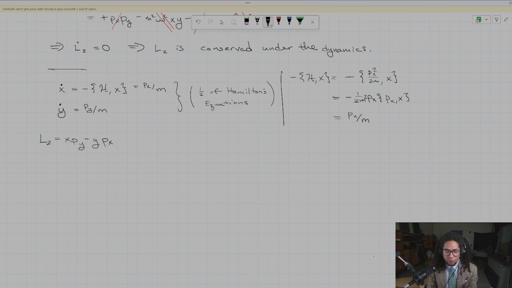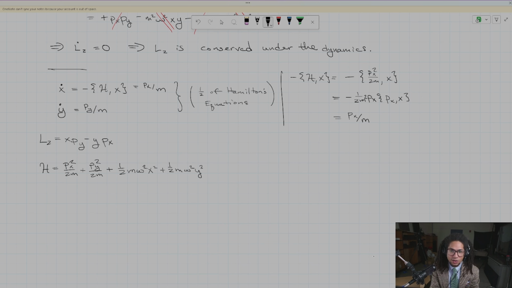Now it's quite helpful that we now know that LZ is conserved, because now we can start replacing LZ in some of our equations. And in fact, there's another quantity we know is conserved. It's precisely the Hamiltonian. So h is px squared over 2m plus py squared over 2m plus 1/2 m omega squared x squared plus 1/2 m omega squared y squared.